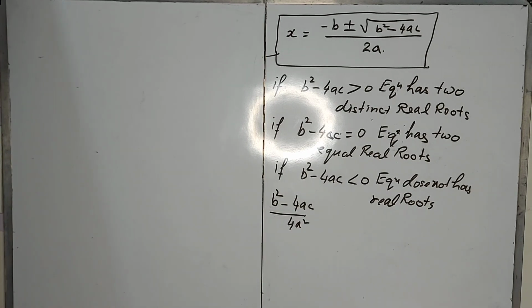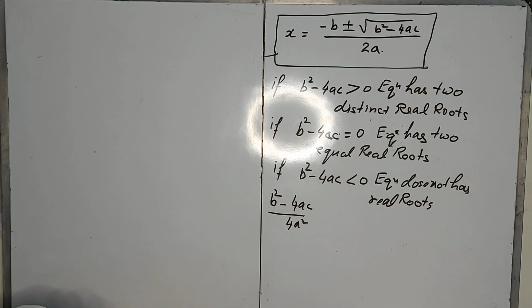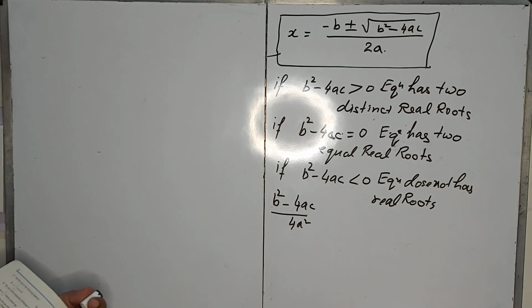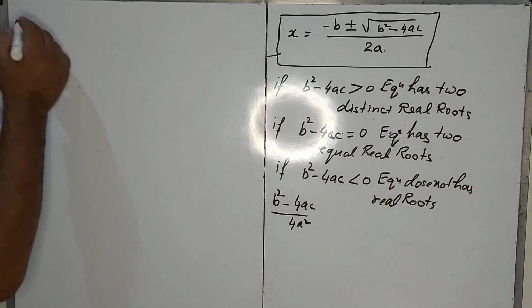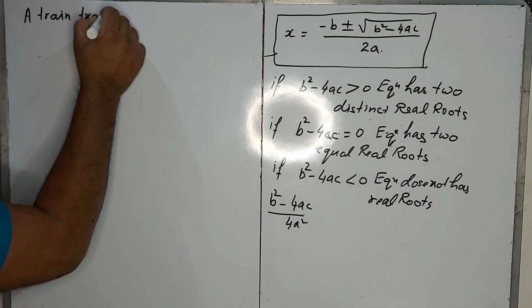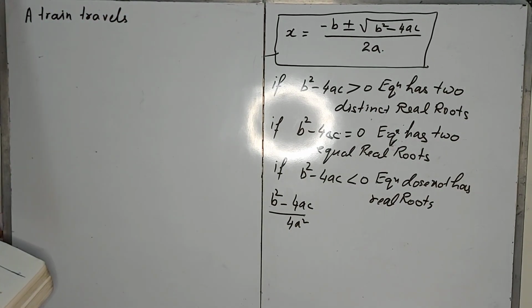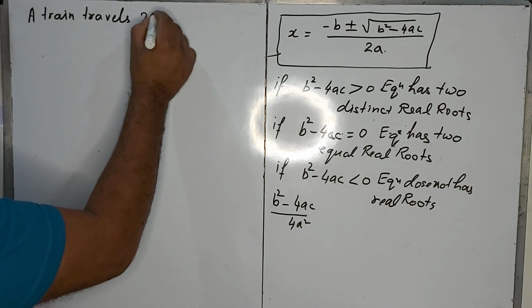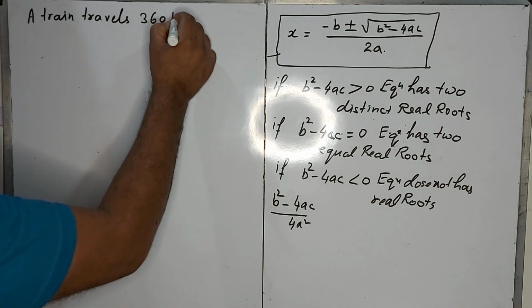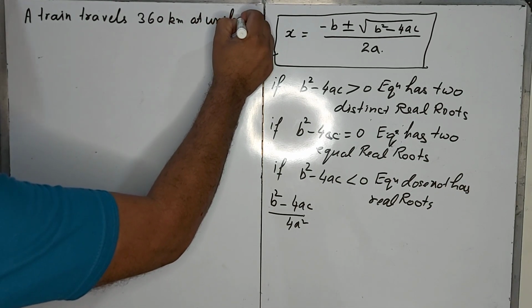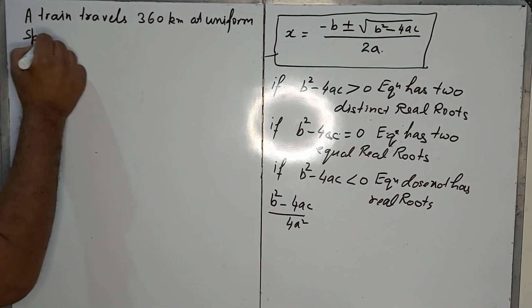There is one word problem in this exercise. The question looks like: a train travels 300 kilometer at uniform speed, 360 kilometer at uniform speed.